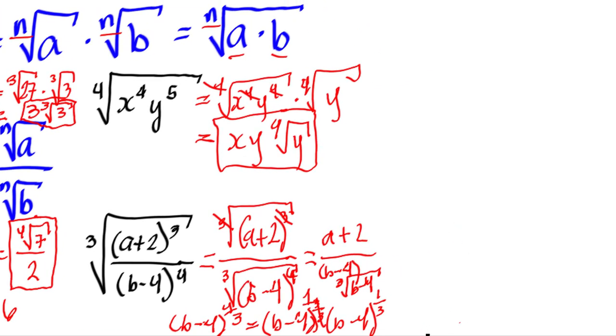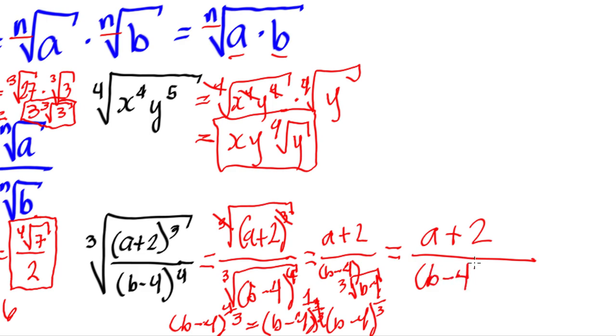There's a lot of space. My goodness. Let me write this again. So we can write this as a plus 2 all over b minus 4 times the cube root of b minus 4.